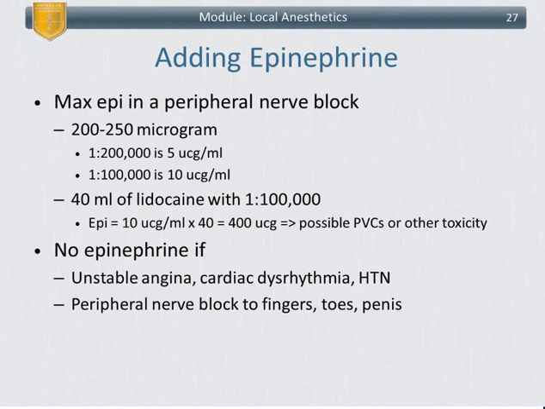So 40 milliliters of lidocaine with epi 1 to 100,000 means it has 10 mics per ml times 40. It has 400 micrograms, which is more than you would safely want to give, and you may see PVCs or other signs of toxicity develop.